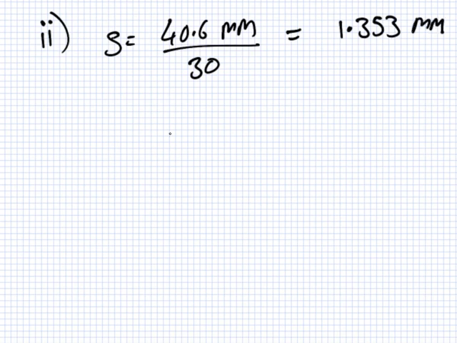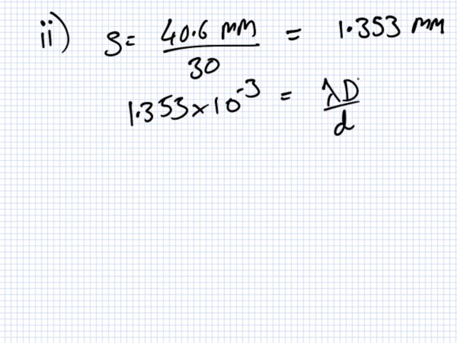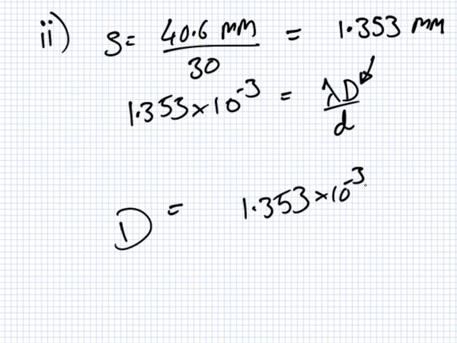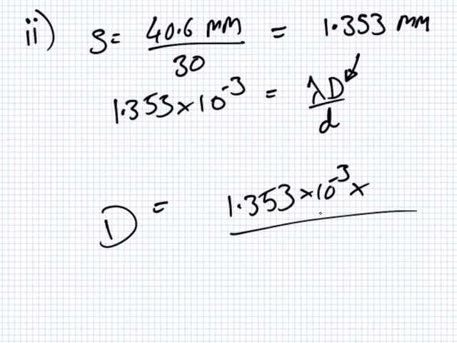Now, using the formula, we have 1.353 times 10 to the minus 3 equals lambda D over d, and this is the thing that I want, isn't it? So I can just say that D is 1.353 times 10 to the minus 3 times the d over the lambda. What's the lambda? 433 nano? 438 nano? Yeah.